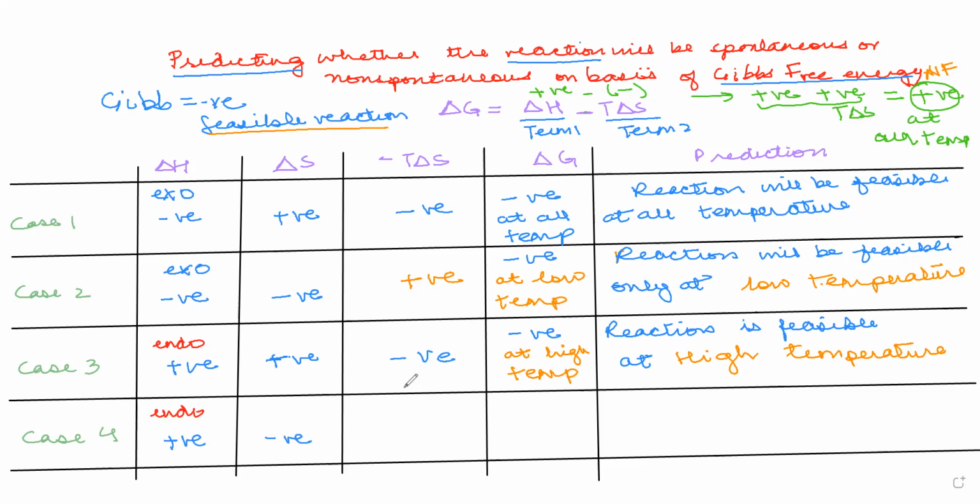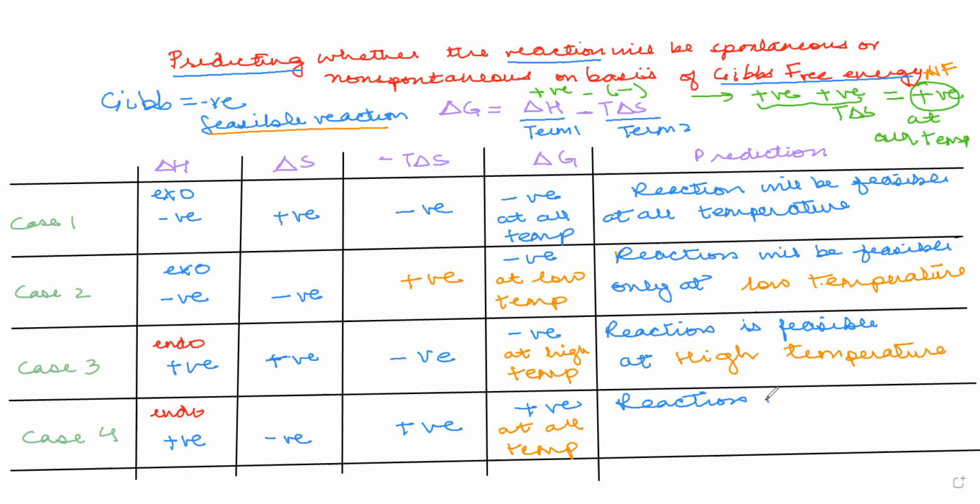So minus T delta S is going to be a positive value. So Gibbs value is again going to be a positive value, and it's going to be a positive value at all temperatures.